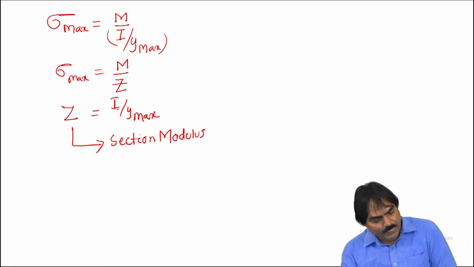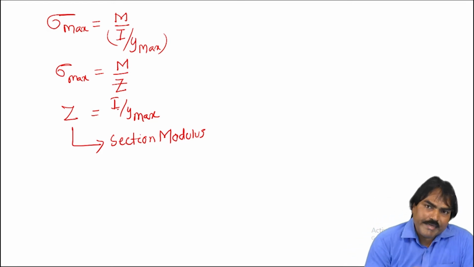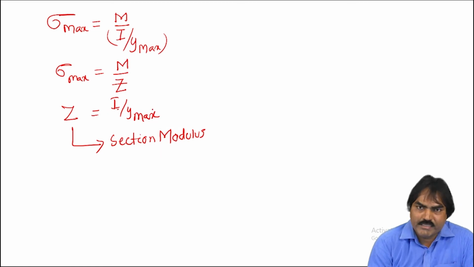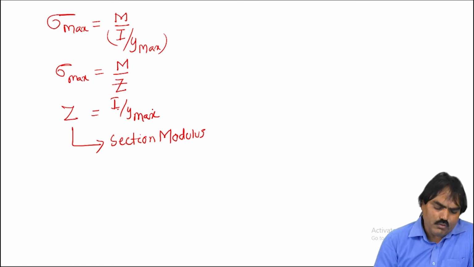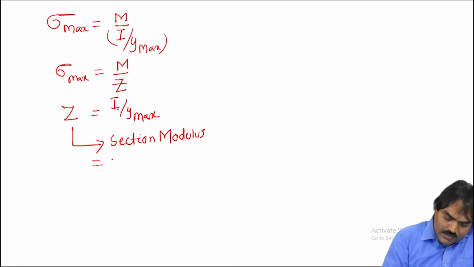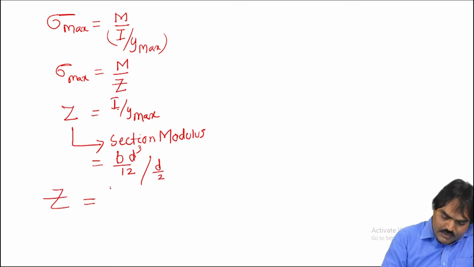This section modulus has some important significance because we are combining two geometrical parameters, moment of inertia and distance. Both are geometry only. So we replace them by one single parameter called section modulus. For a rectangular section, I is B d cube by 12 and y max is d by 2. Therefore, the section modulus for a rectangular section is given as B d square by 6.